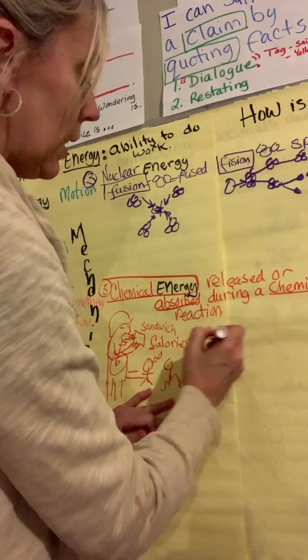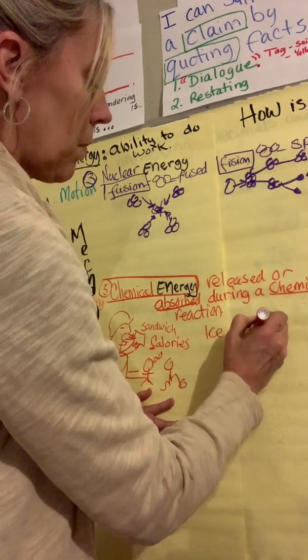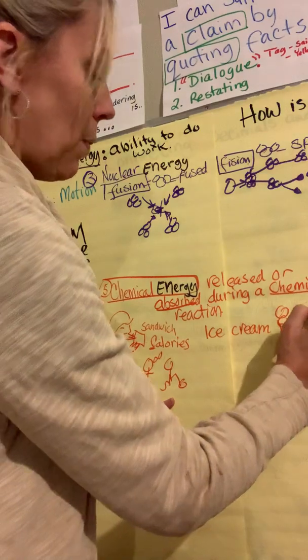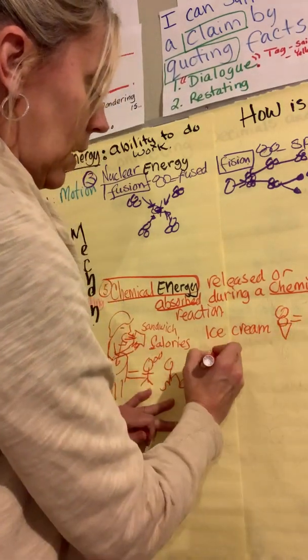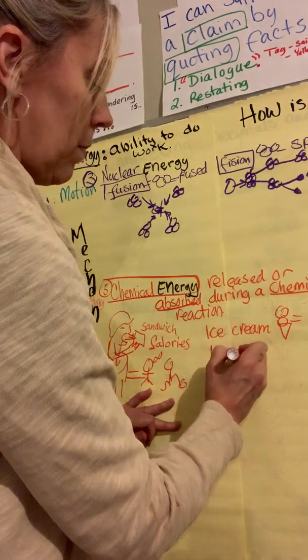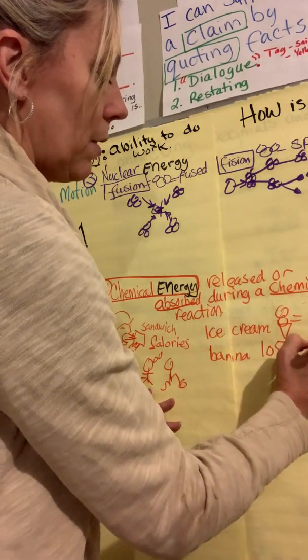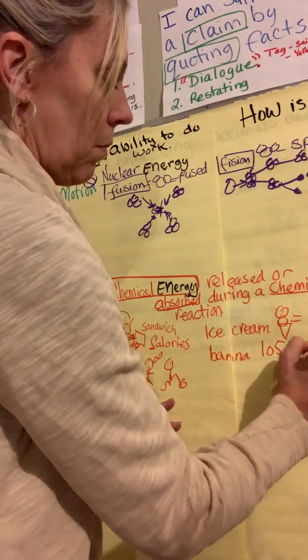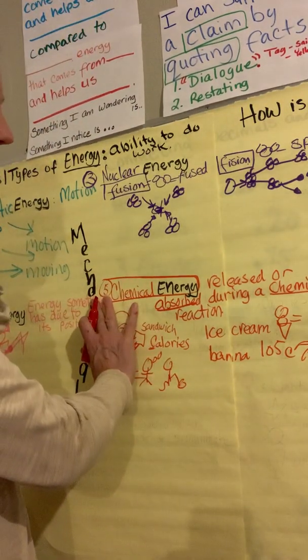We measure this in calories. For instance, ice cream has about 145 calories. A banana has about 105 calories. Okay, so the fifth form of energy is chemical.